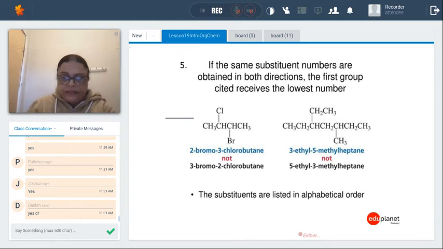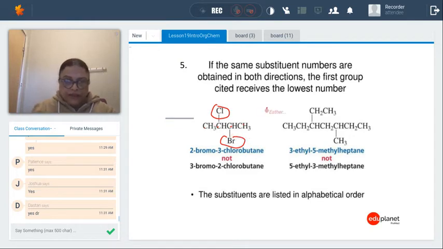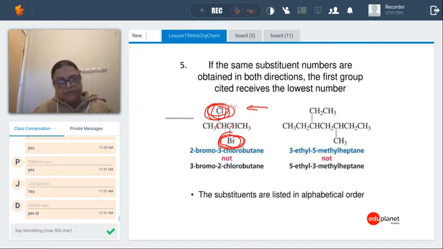So what if you have the same number of substituents? Let's look at these two cases. I have 1, 2, 3, 4. This is clearly a butane. It has chlorine and bromine. If I start this way, I have a branching at position 2 and a branching at position 3.